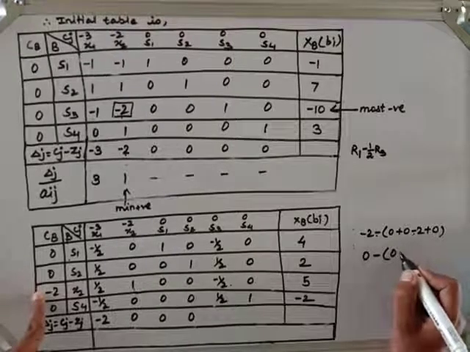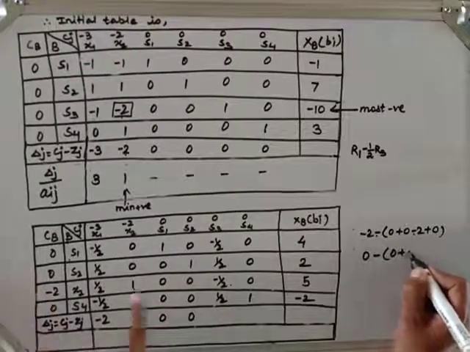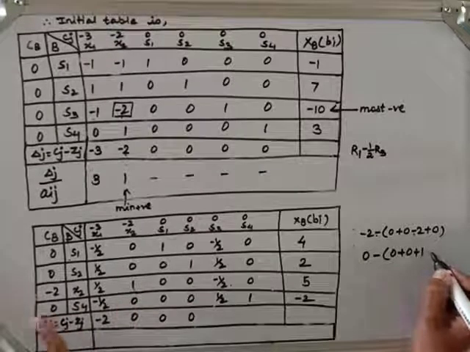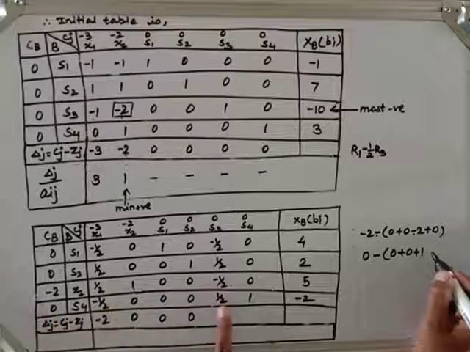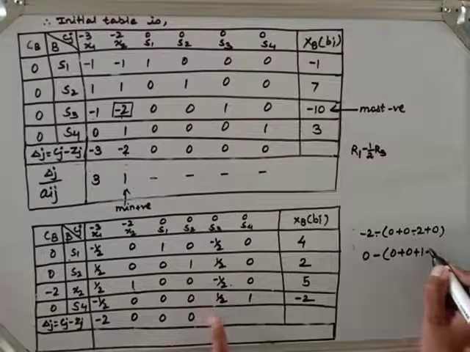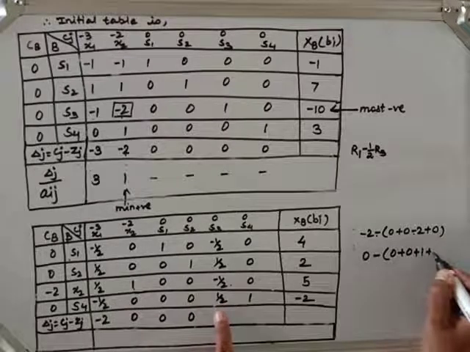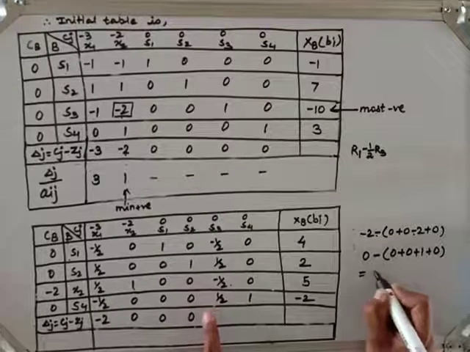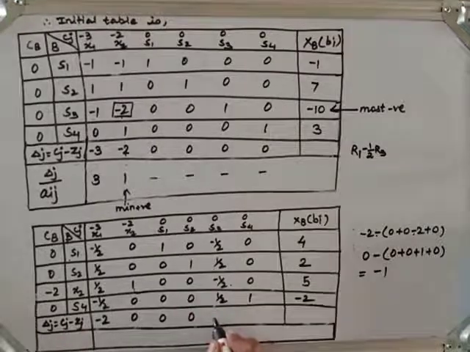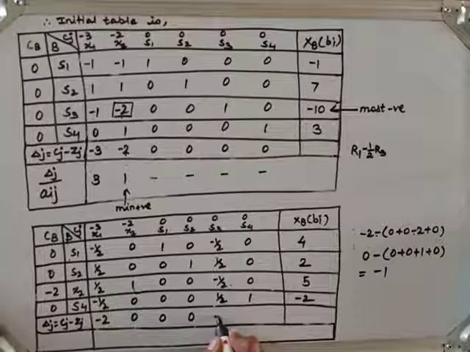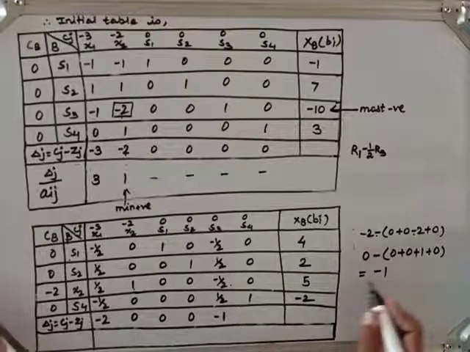Here 0 plus 0 plus 1, and here it is again plus 0. So it will be minus 1. So here we get minus 1. Cj minus Zj.